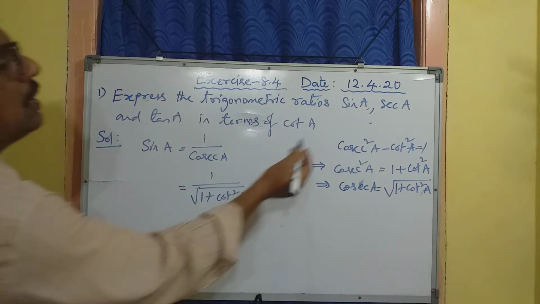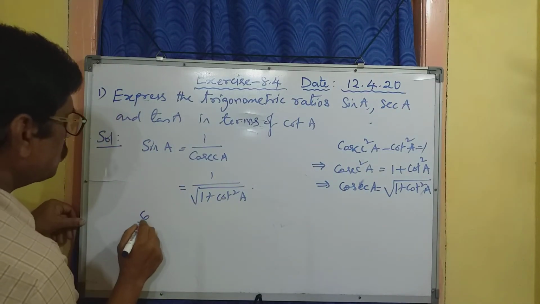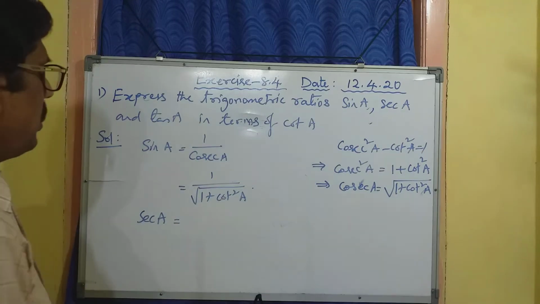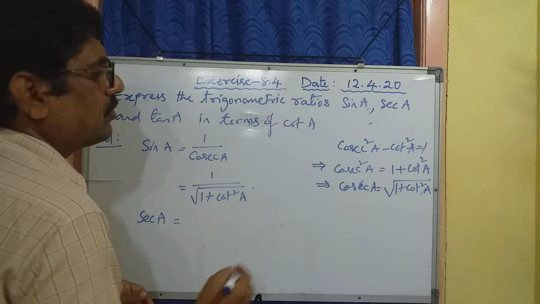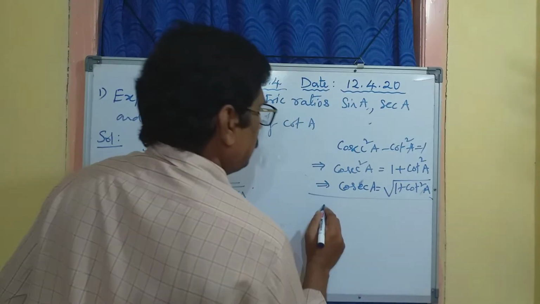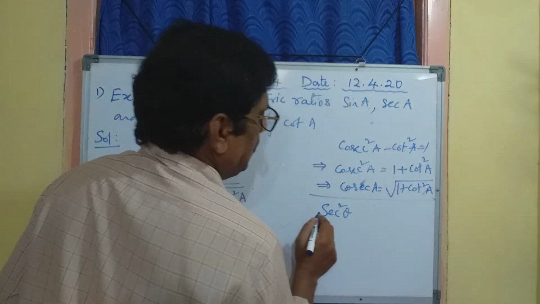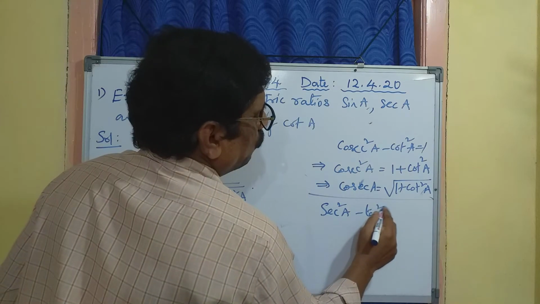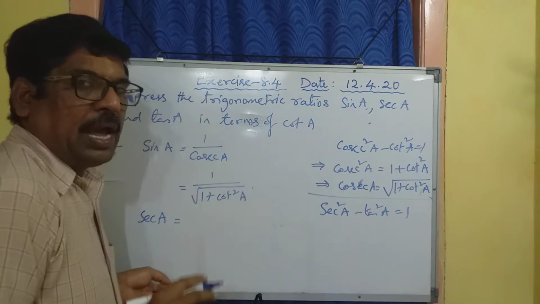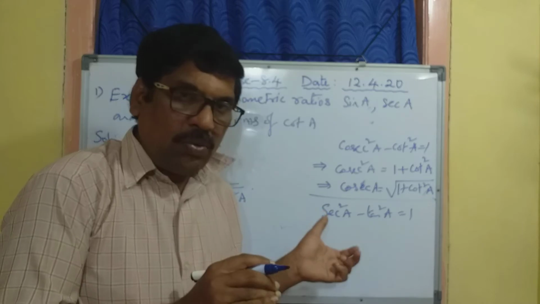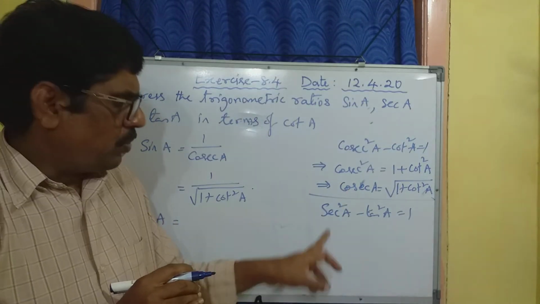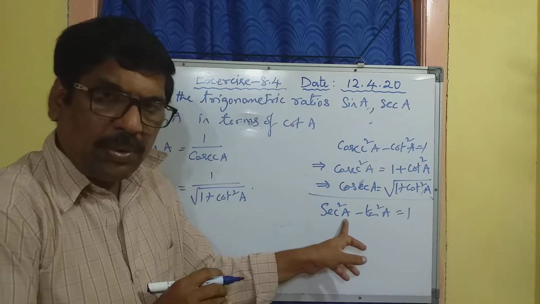Now, let us do the second one, secant A. How can you convert secant A into the terms of cot A? Now let us go with the second identity. What is the second identity? Secant square A minus tan square A is equal to 1. Actually, while we were proving the identities, we have taken the acute angle as theta.